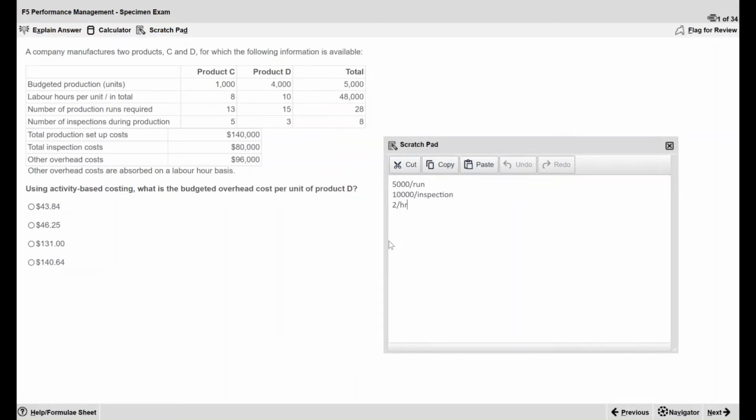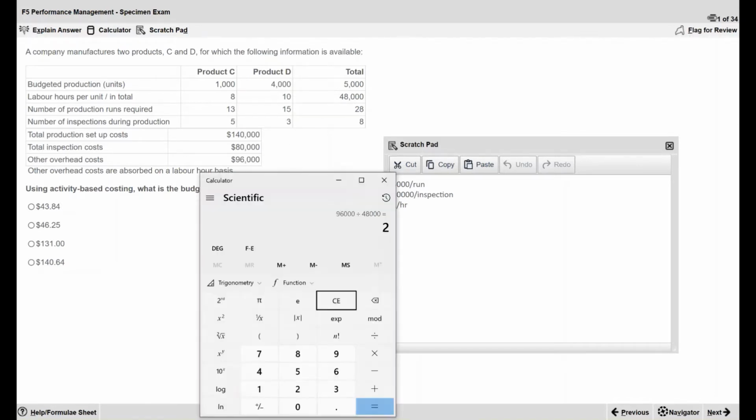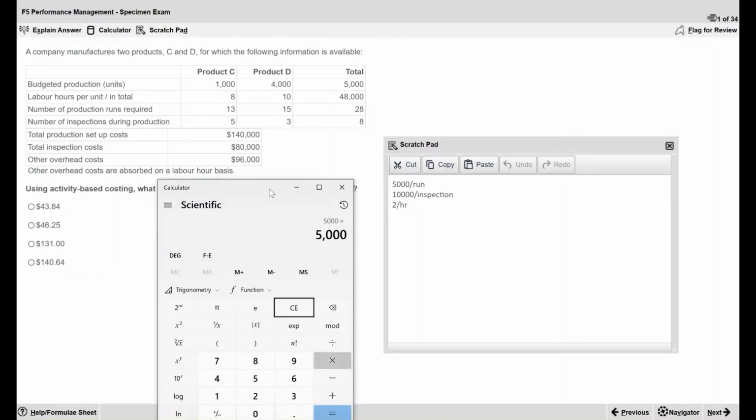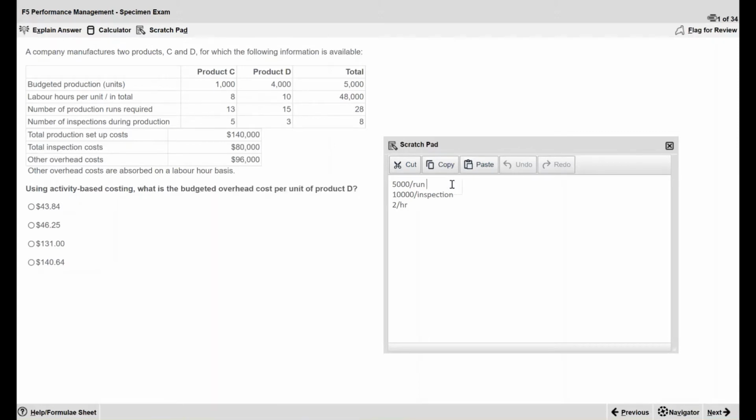So we have the cost of production setup, which is 5,000 per run, and every 4,000 units of D requires 15 production runs. So one way of answering this is to take 5,000 multiplied by 15, which will give you the total production setup cost, divided by 4,000, which will give you 18.75 per unit.